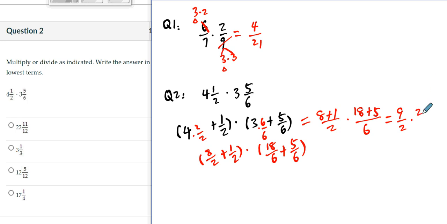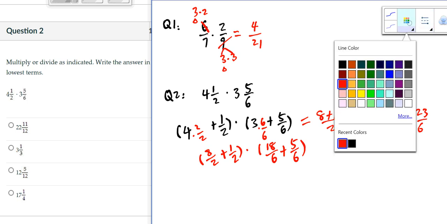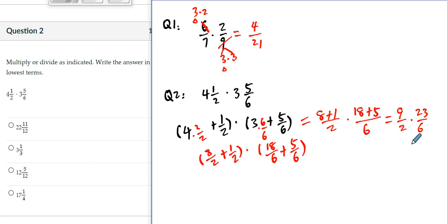And here you have upstairs is 23. Downstairs is 6. Okay. So then you will have, let me change the color back. You have here again 2 times 3. Here is 3 times 3.